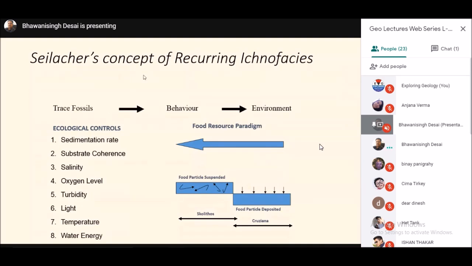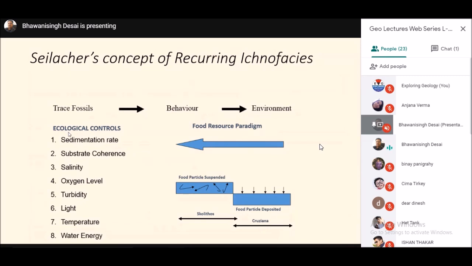What he said: environment means what? It includes a lot of ecological controls, which are the sedimentation rate, the substrate, whether the substrate is hard or soft, salinity variation, oxygen level in the water, turbidity, in the sense of how turbid the water is, light penetration, temperature and water.